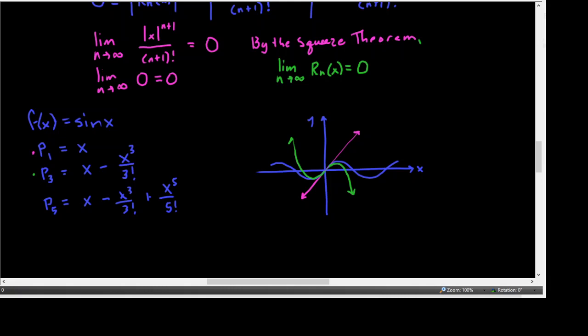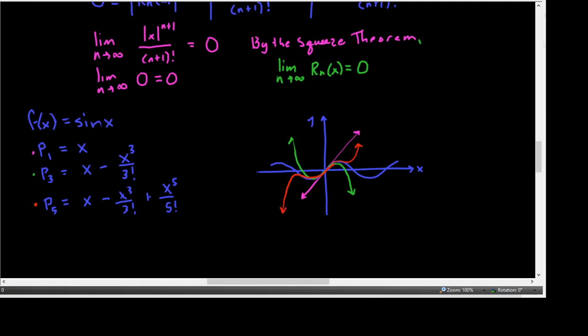And let me draw one more. And if you're doing this on your calculator, you'll totally get how well it's doing. So this looks something like this. See how well I can draw this. And there's your P5.